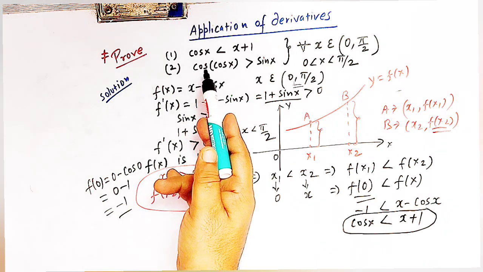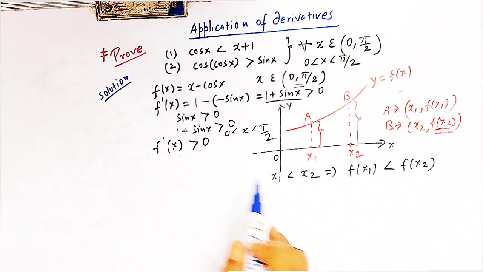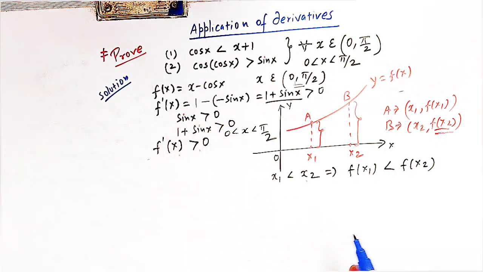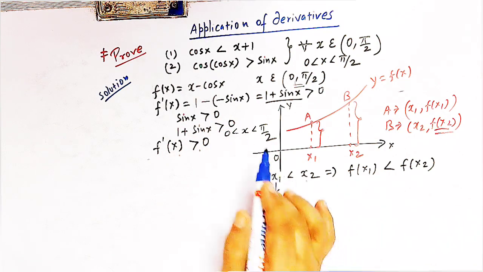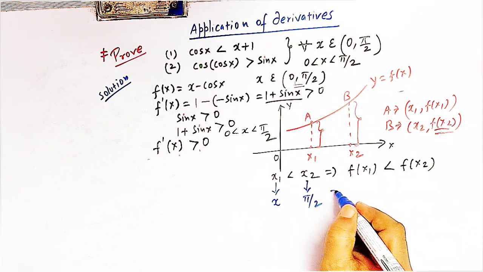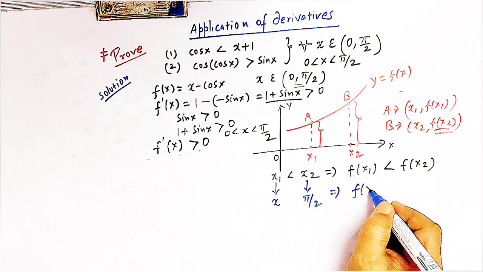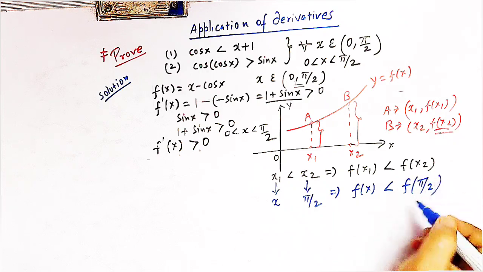Now let us prove the second one. To prove this inequality, let us take x1 as x and x2 as pi by 2. So we can now write f of x is less than f of pi by 2.